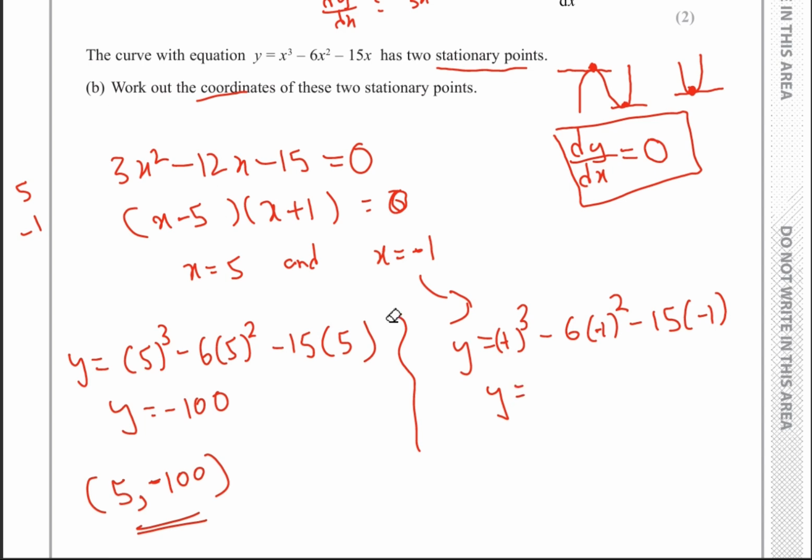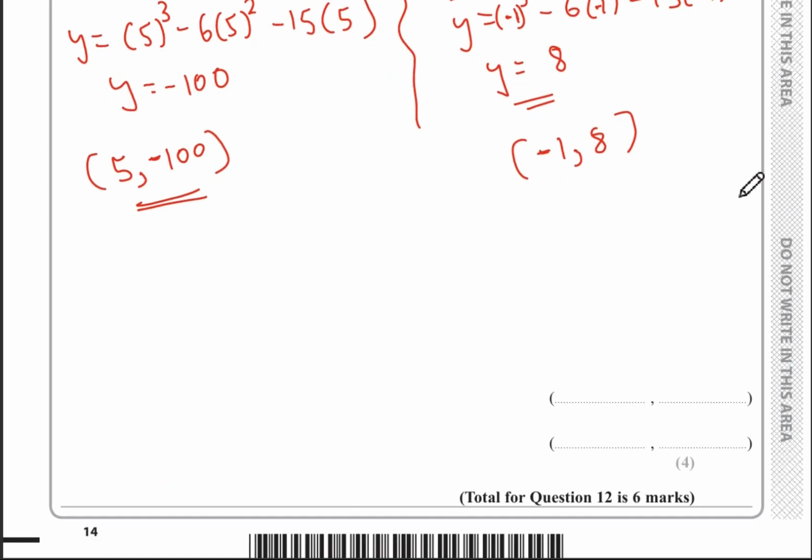This one gives an answer of 8. So here x coordinate minus 1, y is 8. So my answers are 5, minus 100, and minus 1, 8.